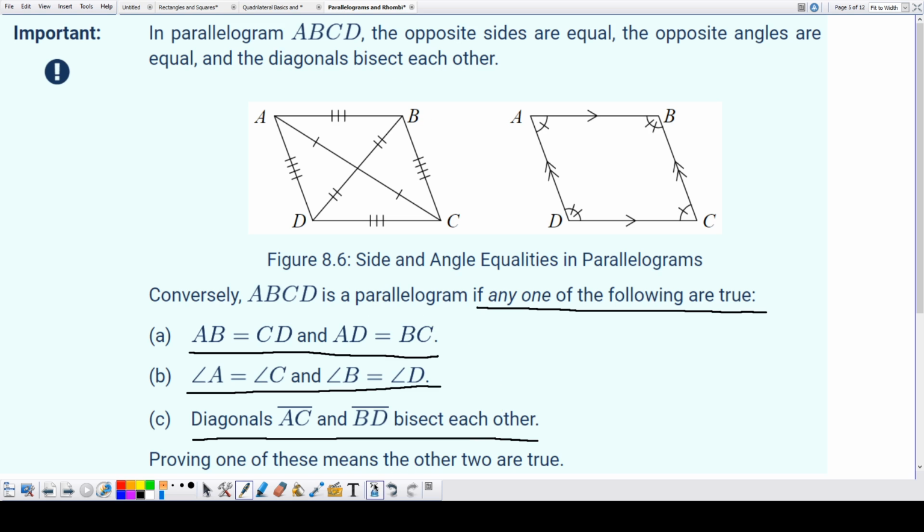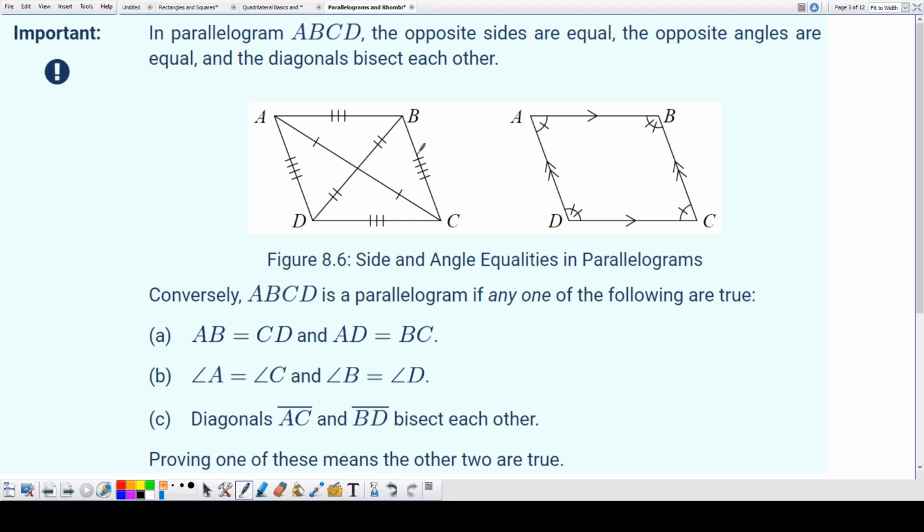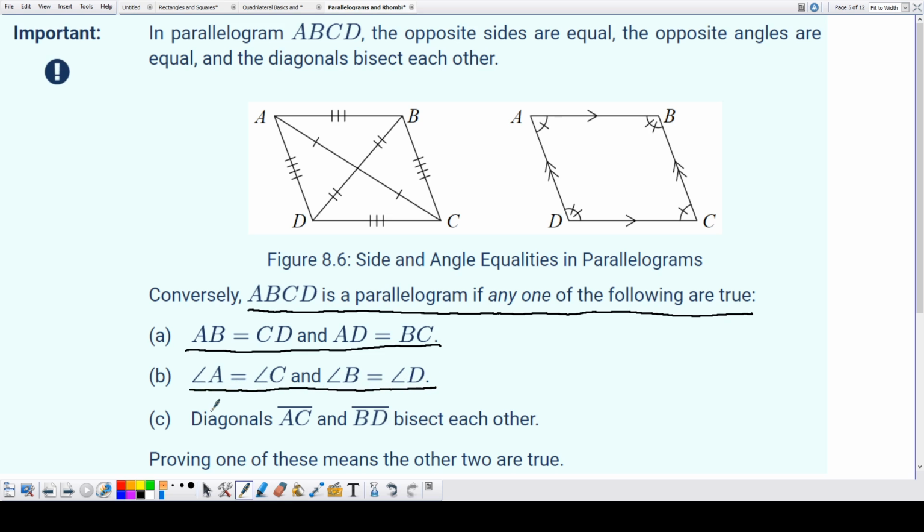Well, let's go back to that lesson that we have, where we found out all these properties of parallelograms, and that ABCD is a parallelogram if any one of these properties are true. That the opposite sides are congruent, that the opposite angles are equal to each other, or that the diagonals AC and BD bisect each other.